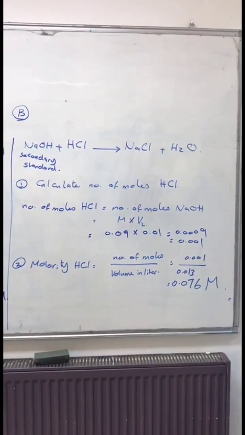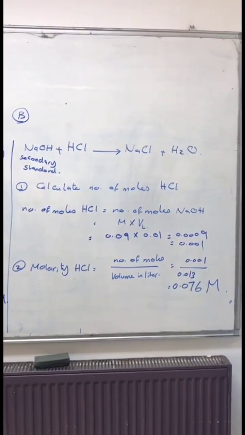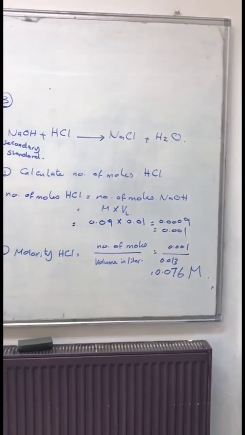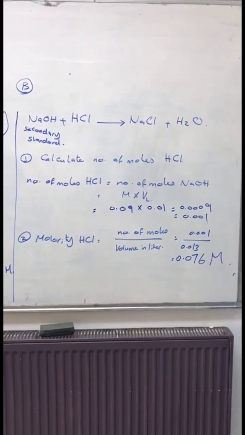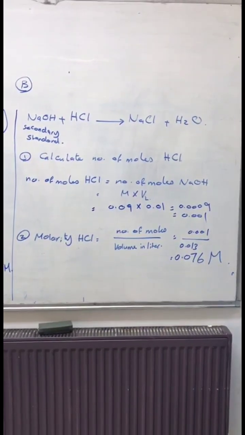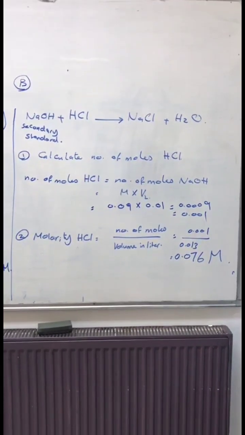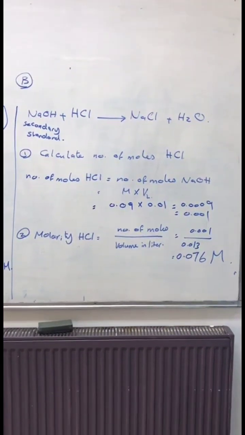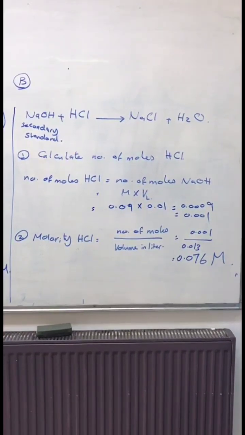Our reaction is sodium hydroxide plus hydrochloric acid, which will give us sodium chloride plus water. As we said before, sodium hydroxide is our secondary standard, so it is our reference to know the molarity or the concentration and the number of moles of HCl.